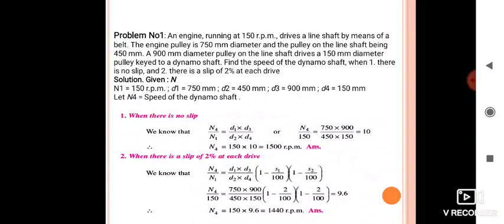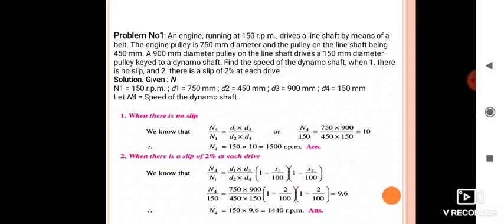You have to read the problem carefully and analyze what type of data is given, what type of problem it is, and what to find. Like that you have to analyze yourself. First you need to write the given data.